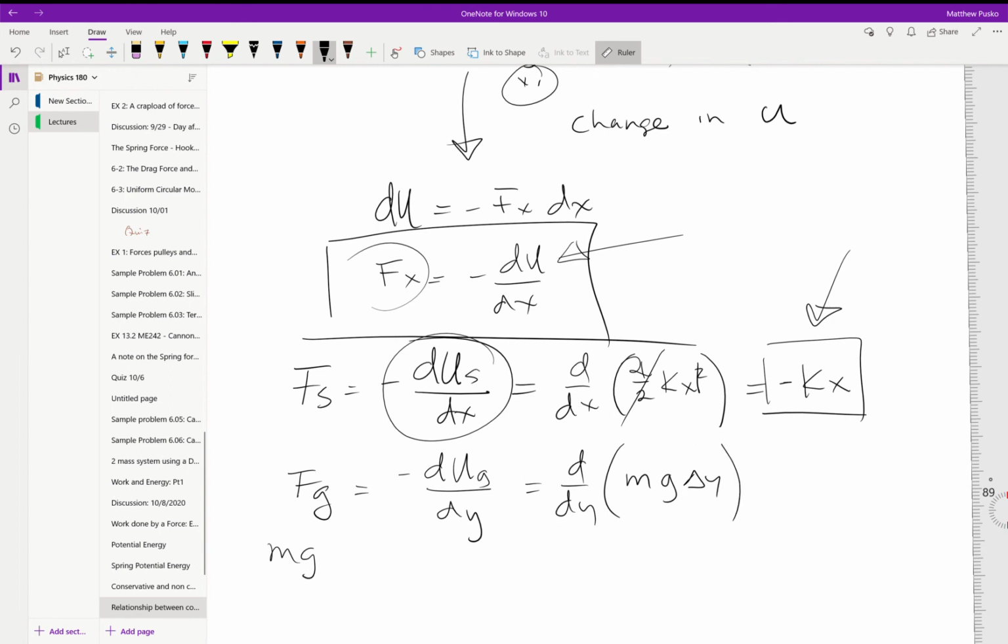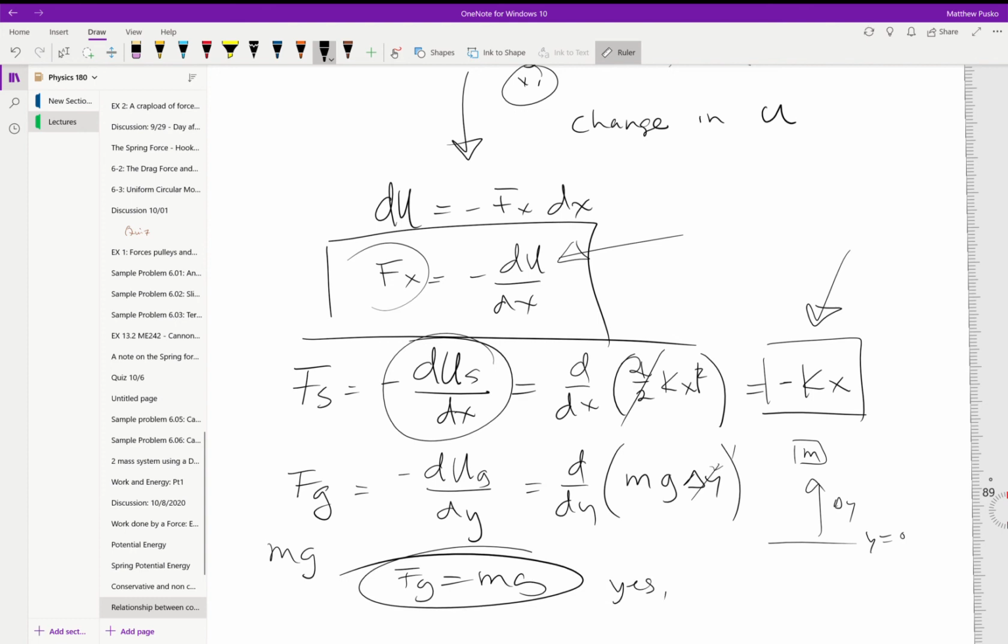That's the potential energy of some object with some mass at some distance delta y above what we're calling y equals 0. Taking this derivative with respect to y just makes this vanish and go to 1, and we get the force of gravity is equal to mg. We just showed that yes, the force of gravity is conservative because the derivative of its potential function gives us back the force.